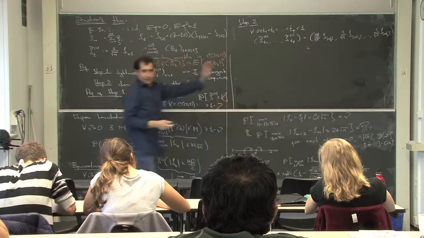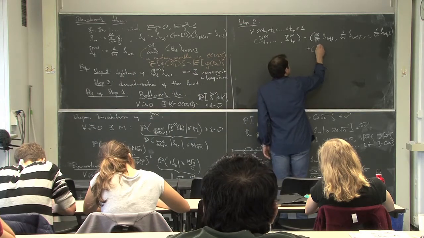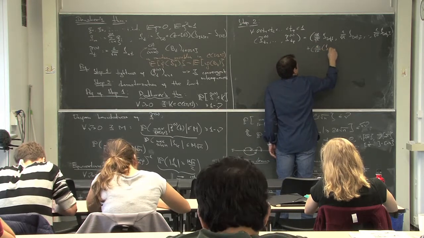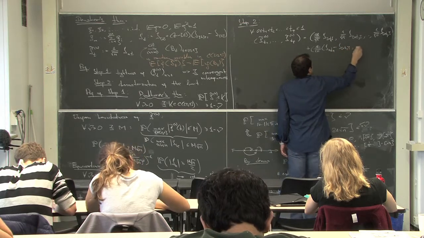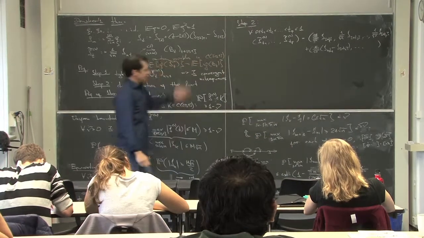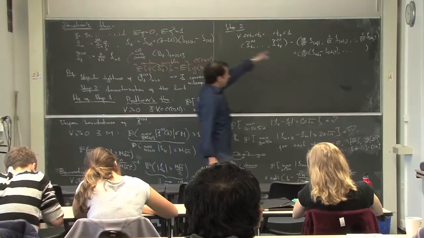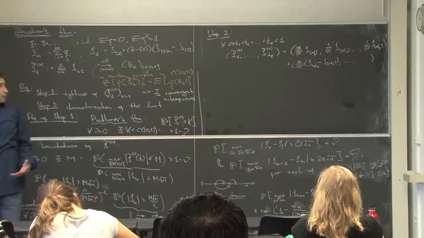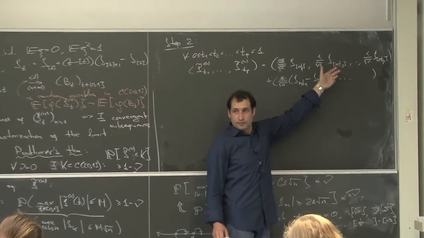Plus some errors, right? Plus the difference between them. I just wrote a sum of 2 vectors. And then the first term does converge to the normal distribution by the central limit theorem, because the increments here are independent. Okay?